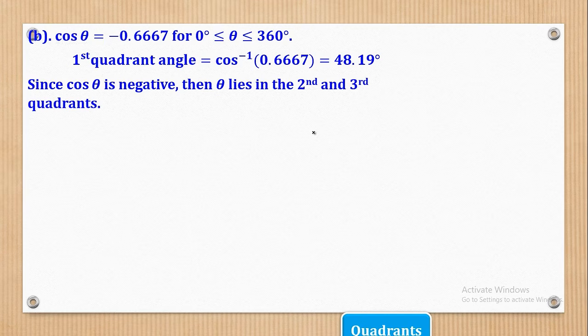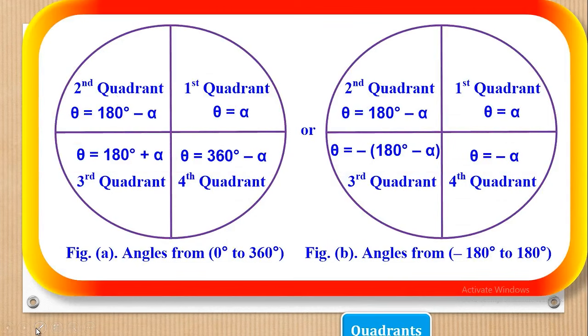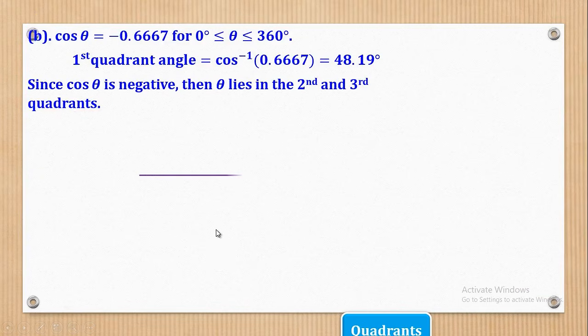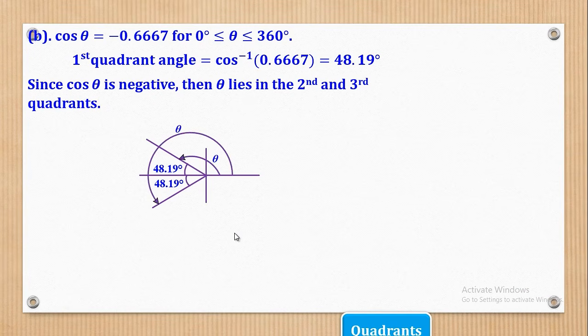After realizing that, you can either remember this diagram, that in the second and third, the values are got by saying 180 minus alpha and 180 plus alpha. If you remember that, you are good to go. Or if not, you can come and draw this diagram. Then on that diagram, you remember that the first angle will be that and the second will be that.